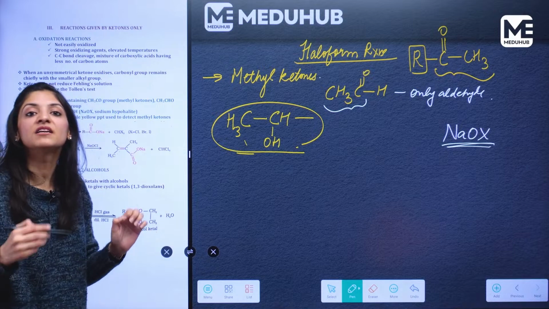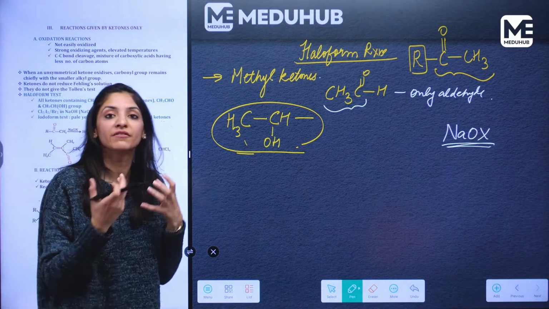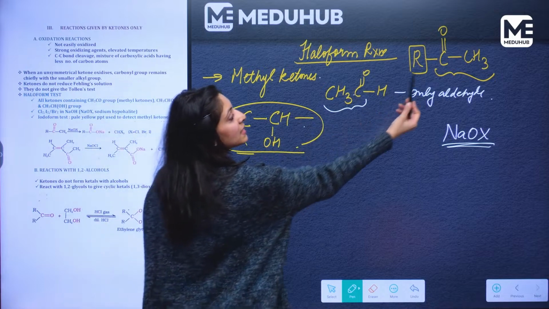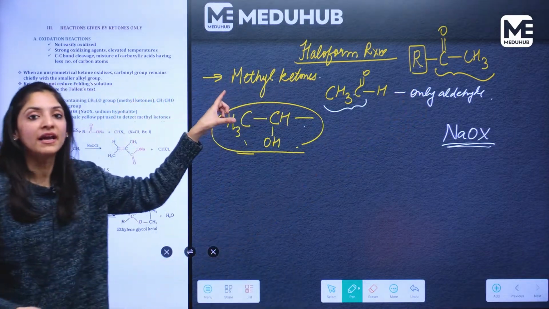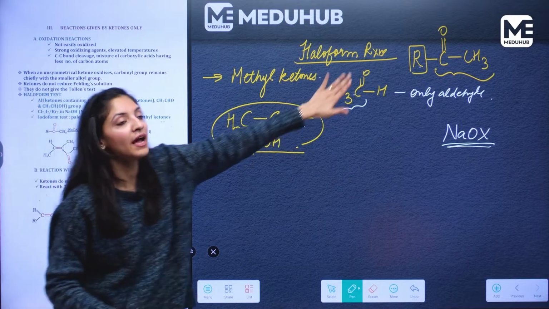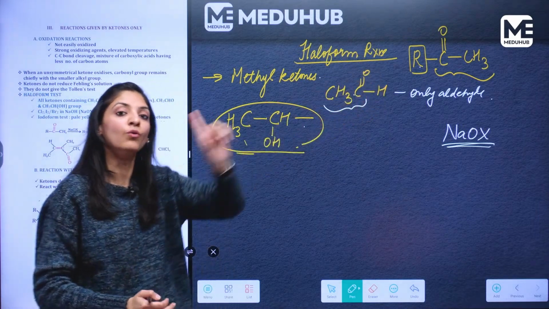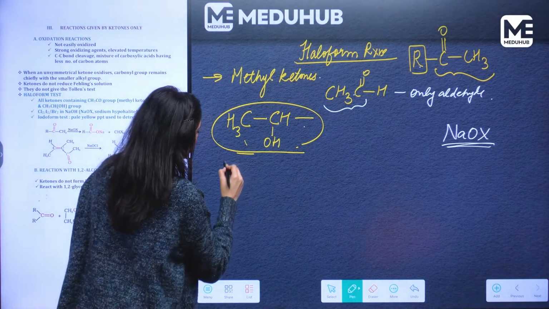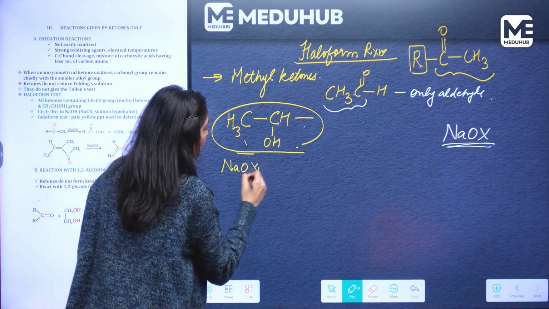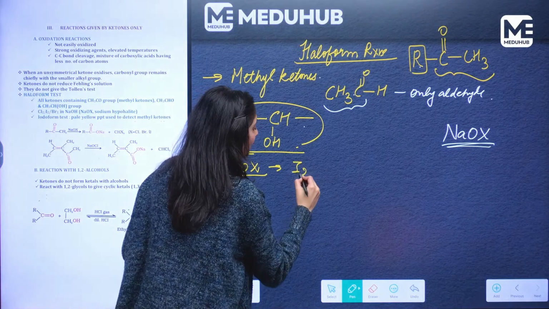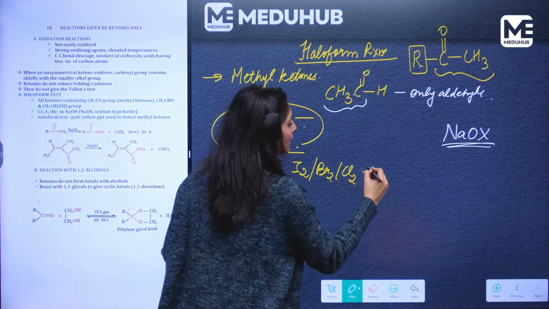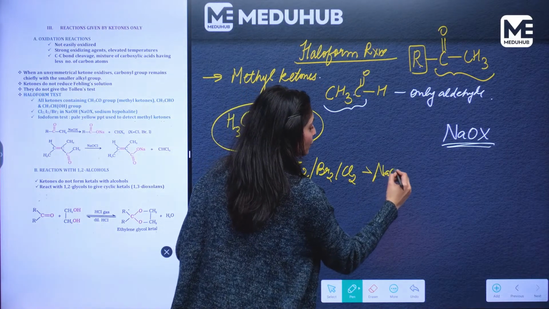So haloform test can be used to determine if a given compound has an acetyl group. So it can be used for detection of this as well as this. All methyl ketones, this kind of alcohol, and this ethanal molecule, the only aldehyde. So what happens in a haloform reaction? NaOX would mean we have iodine or bromine or chlorine in an NaOH solution.